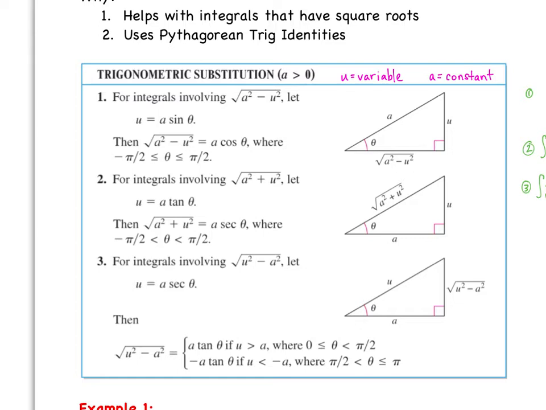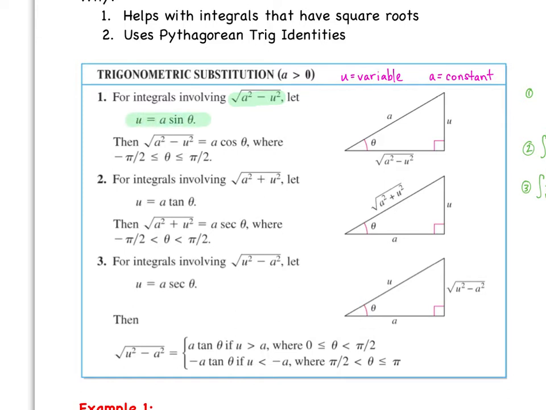Well, one key is u is going to be the variable and a is that constant value. So whenever we see an integral that has the square root of a squared minus u squared, that's where we want to let u be a sine of theta.